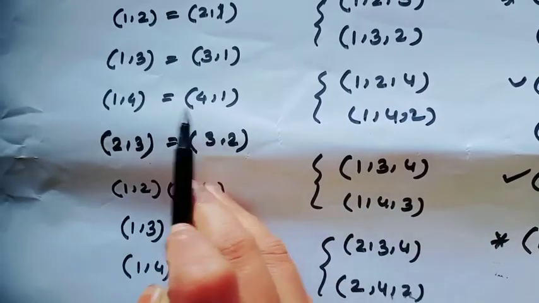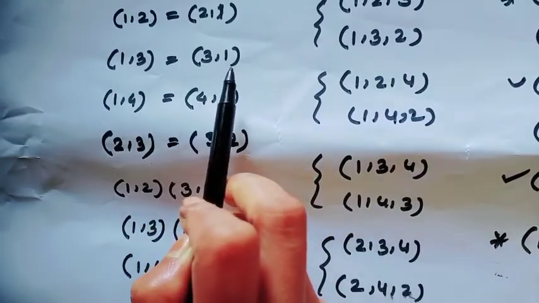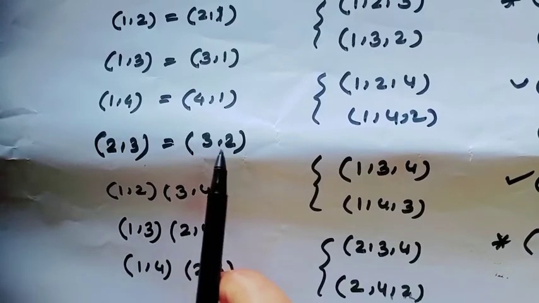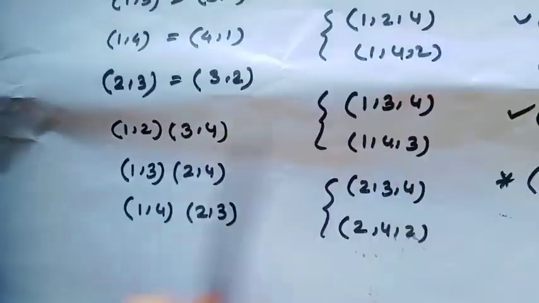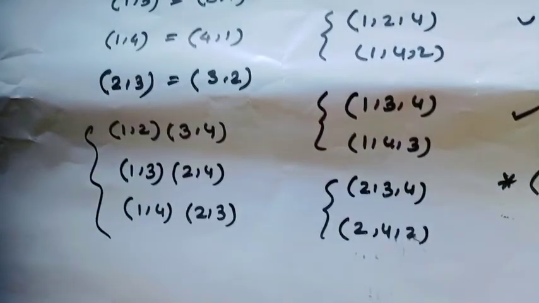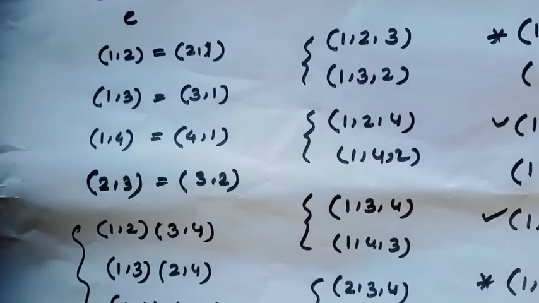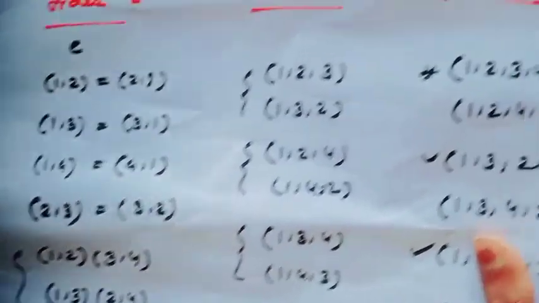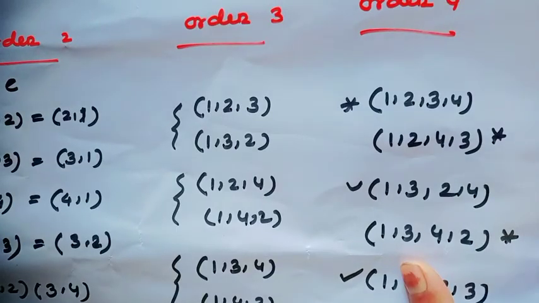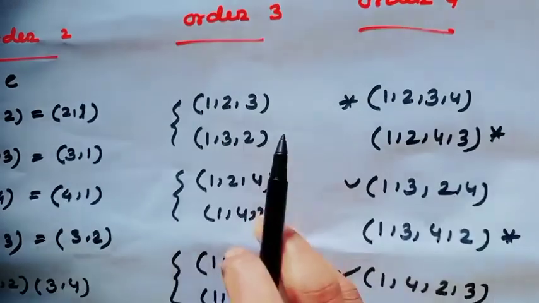Similarly (1 4) is similar to (4 1), (1 3) similar to (3 1), and (2 3) is similar to (3 2). Notice, these 2 cycles are disjoint cycles, and these are all 2 cycles.